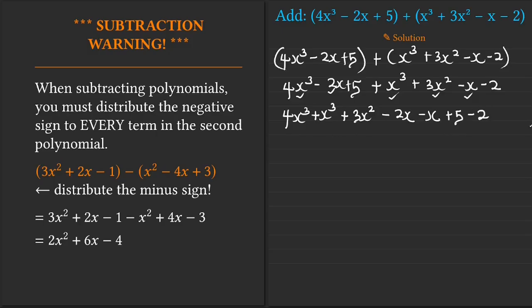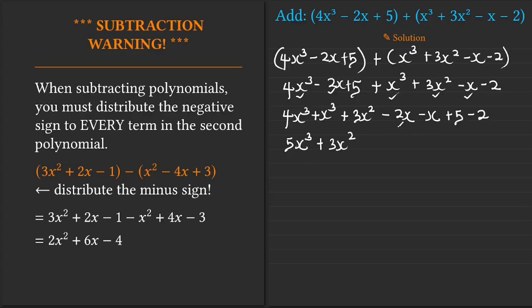At this stage, you now simplify by looking at the coefficients. Since these are like terms, we just work on the coefficient. So we say 4 plus 1. 4 plus 1 simply gives us a 5. We have a 5x cubed. For the x squared, it has no other term to simplify with, so we just write plus 3x squared.